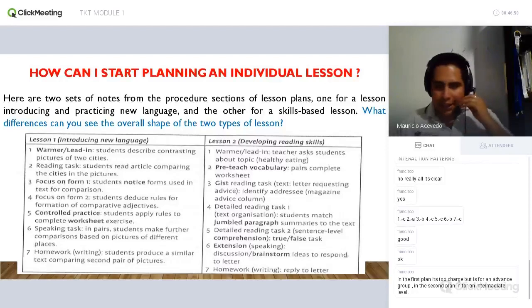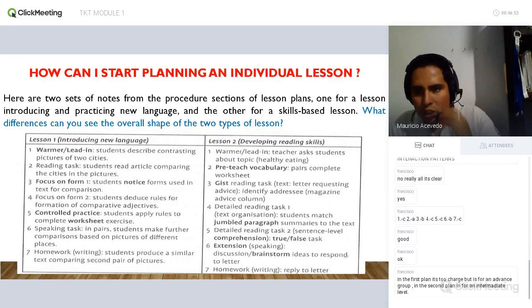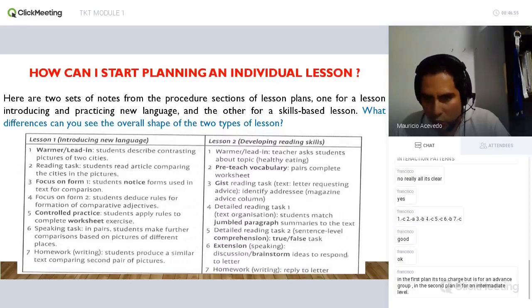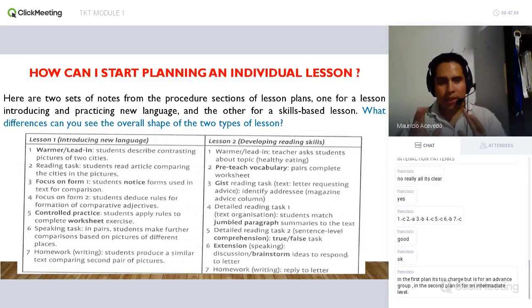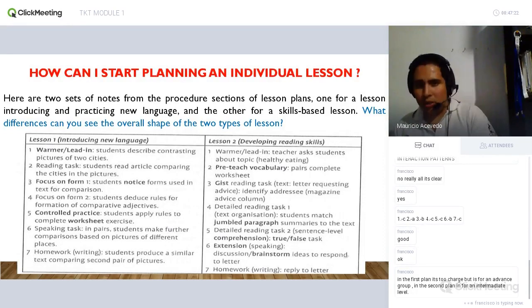Okay, you are telling me the first plan is for an advanced group. The second plan is for an intermediate level. Okay, I agree with you, Francisco, but I wanted more than that. I want you to focus on the form, the activities. I mean, what as a teacher you're going to manage in number one, let's say all the procedures, and in number two.